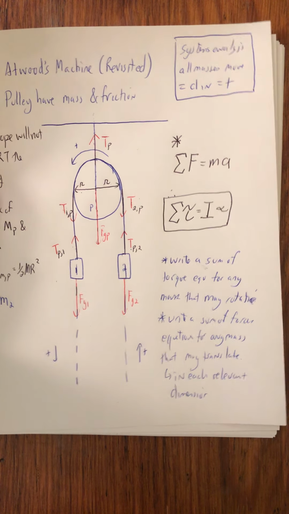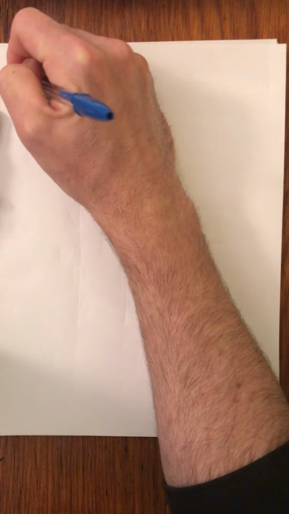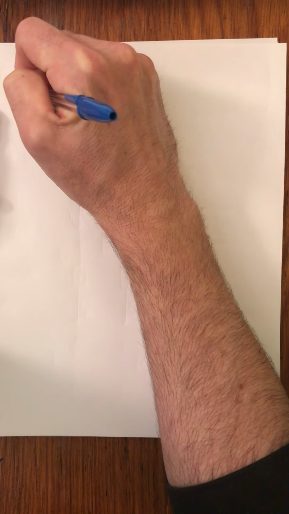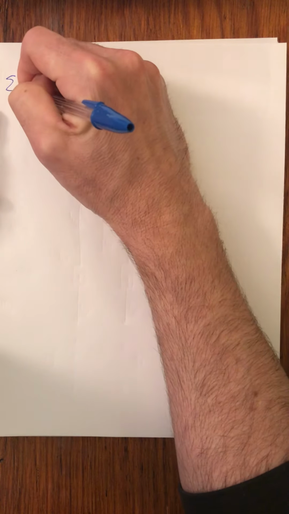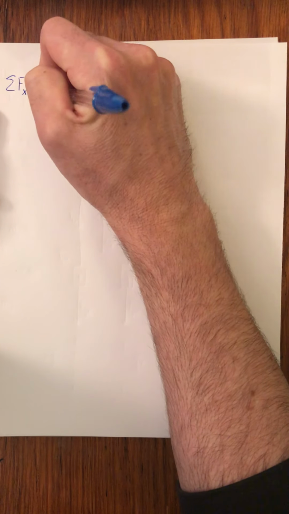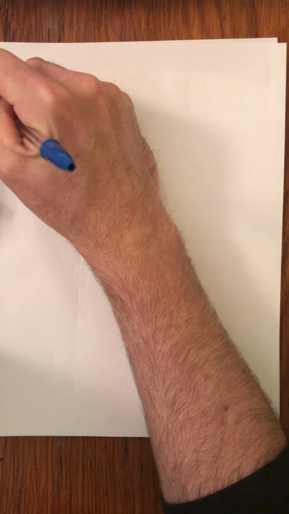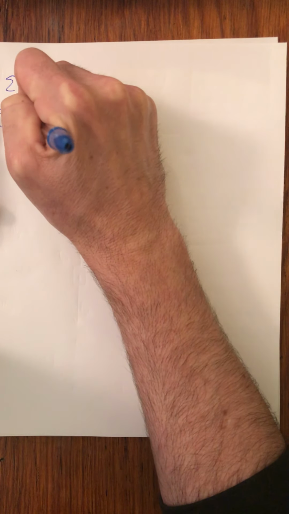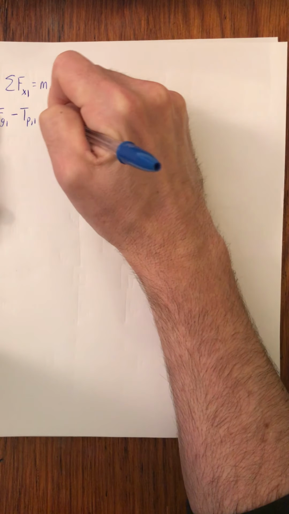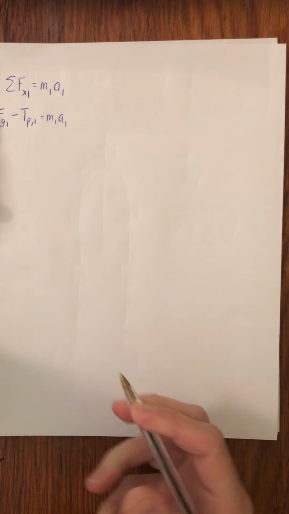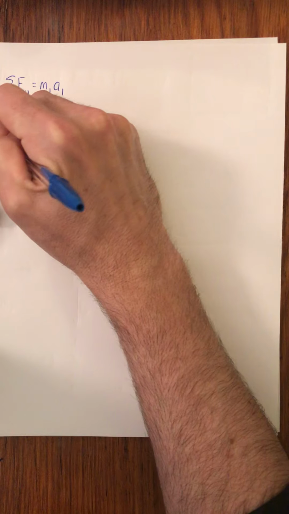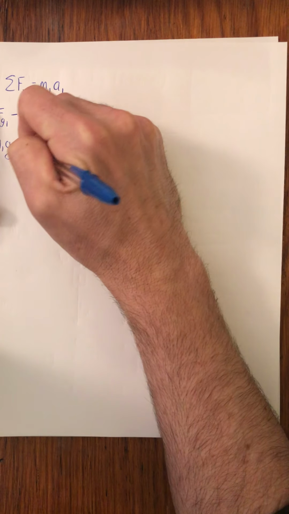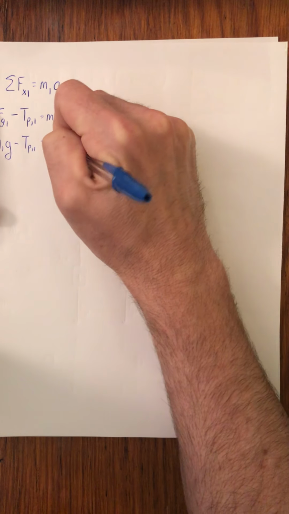So here we go. Sum of forces along that bent axis, which we'll call the x-axis, for object 1 would be mass 1, A1. So that means we have a positive FG1 minus a TP on 1 equals M1A1. Not much I can do there, except I can put in M1G minus TP1 equals M1A1.